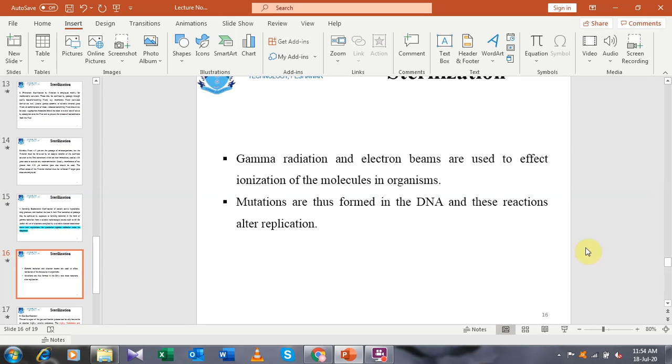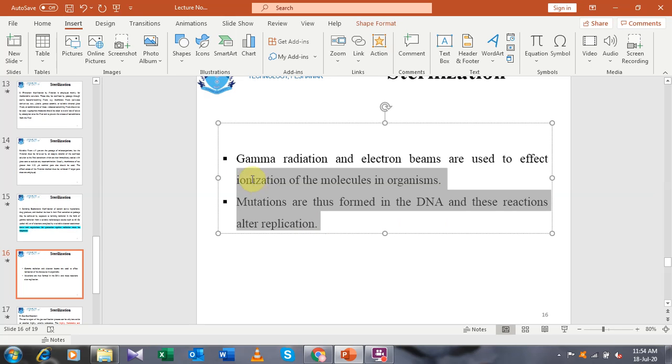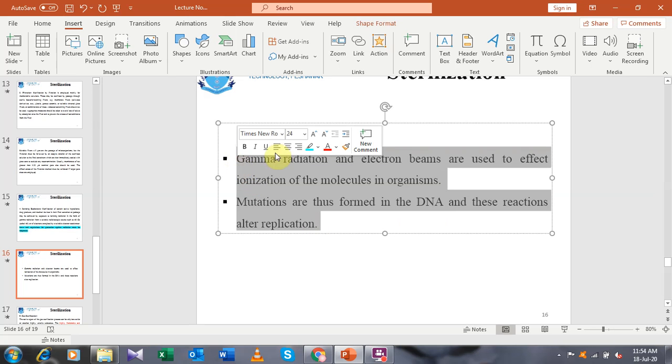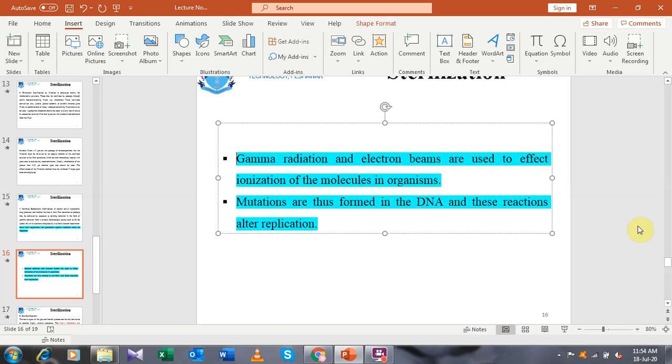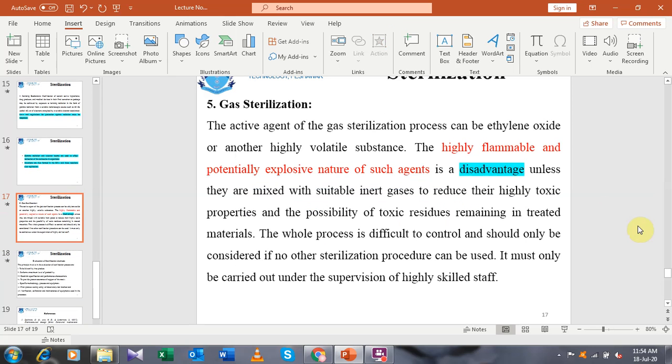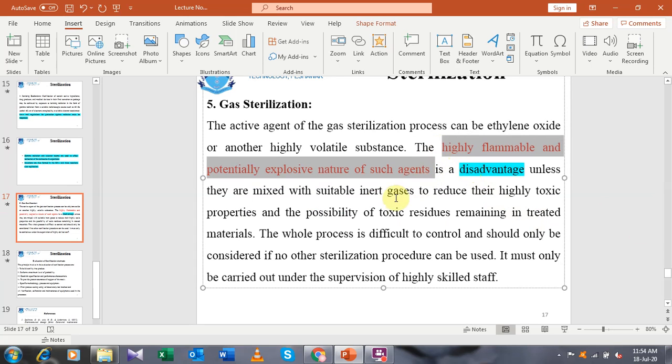And there is the mechanism by which it affects the microorganisms, and gas sterilization, its major disadvantages, and how we will remove these related problems.